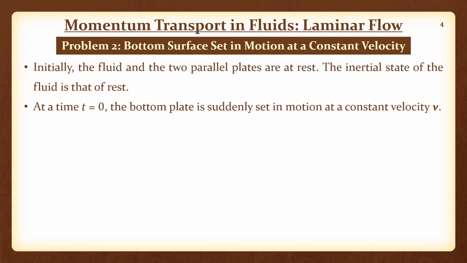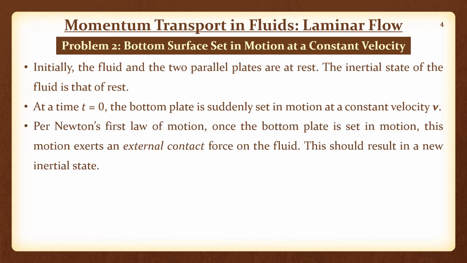So in other words, the velocity has a magnitude of vx, and the direction of that velocity is along the x direction. Per Newton's first law of motion, once this bottom plate is set in motion, this motion exerts an external contact force on the fluid, which means the fluid should now get to a new inertial state.